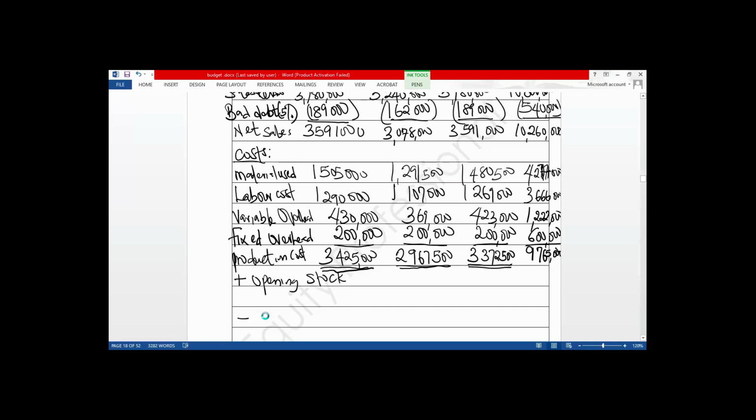Go back to the end of January. What is the opening stock? Then at the end of March, what is the closing stock?